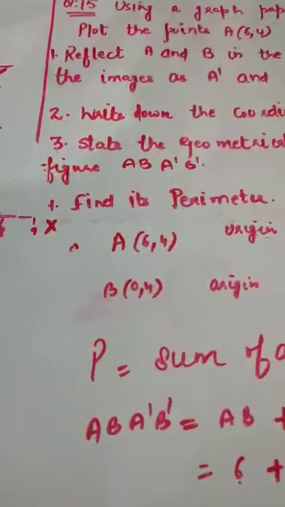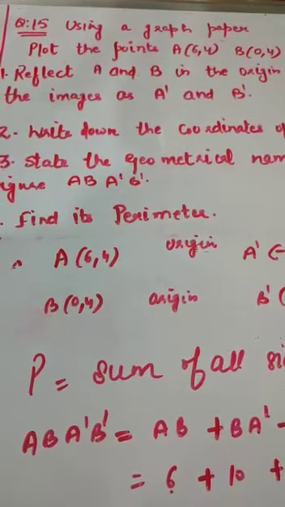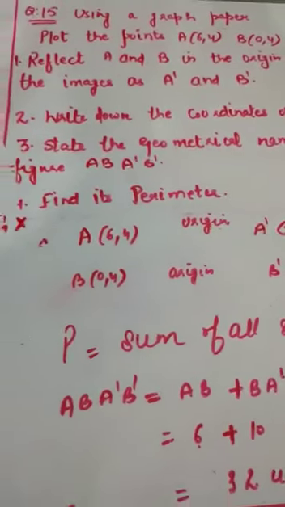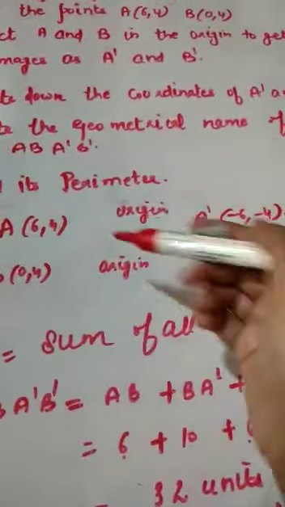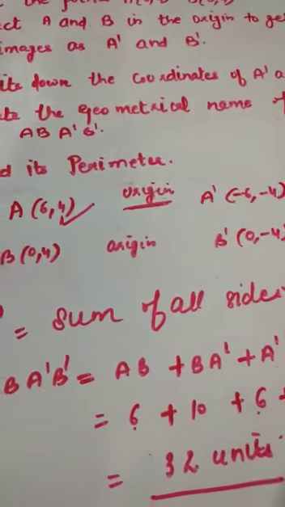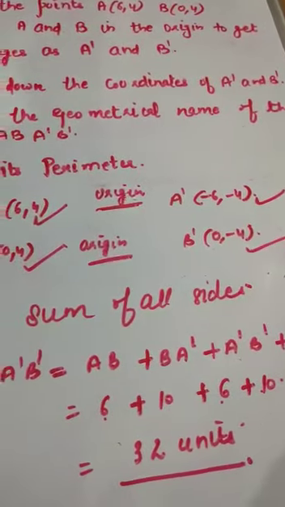So again come to the statement. We have to reflect A and B in the origin to get the images as A dash and B dash. So first of all, we found the images of A in the origin, that is -6, -4, and B, 0, 4, in the origin, 0 and -4.